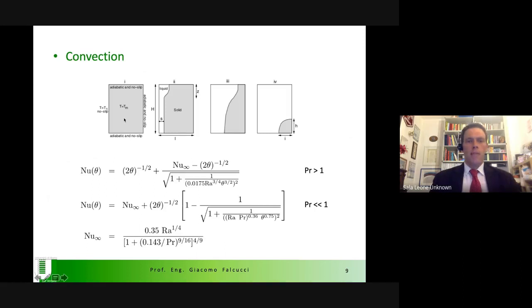As before, we do expect the formation of a convective cell in the top part of the domain, which will go towards the cold wall and will shrink down the solid part. We will use the Nusselt expressions that I showed you before for Prandtl numbers larger than 1, much lower than 1, and with the infinite Nusselt prediction.